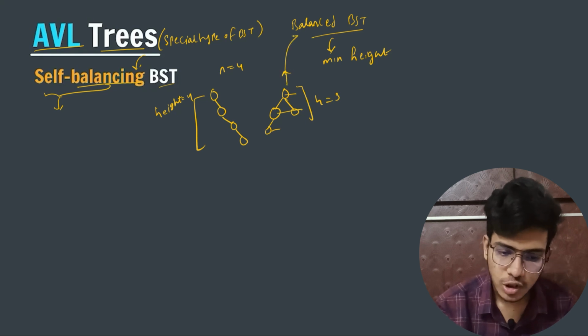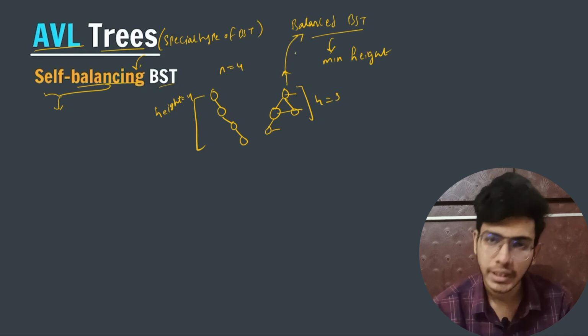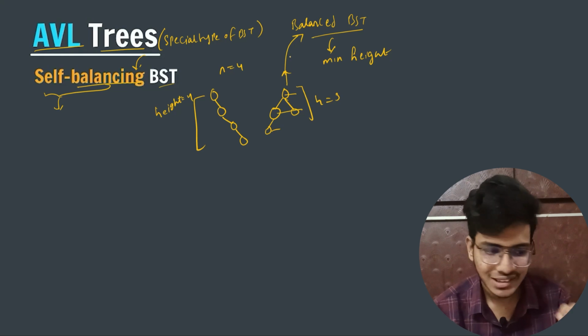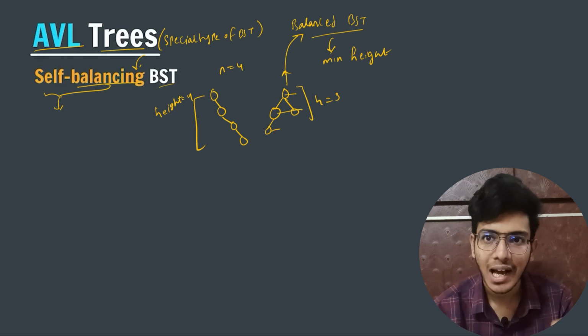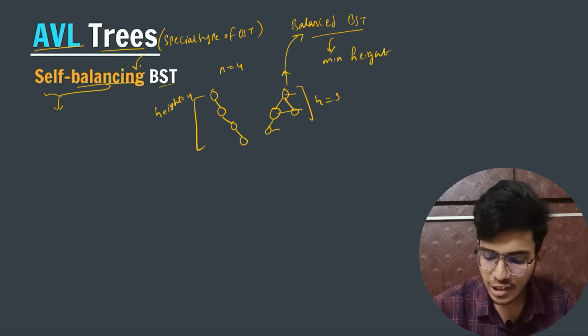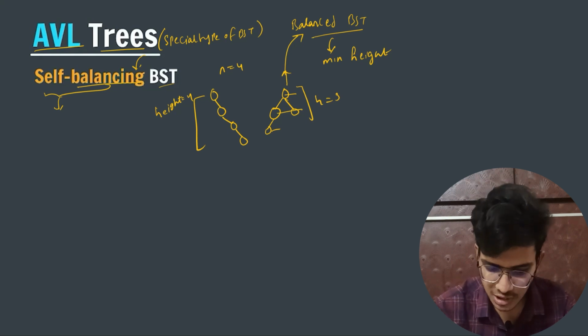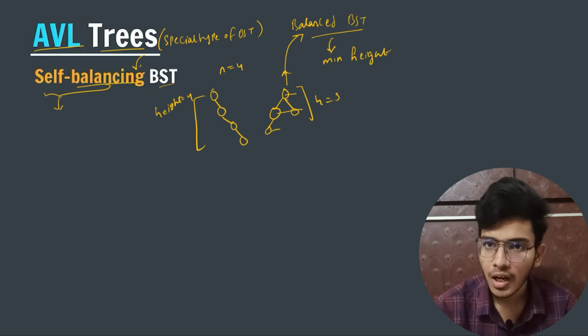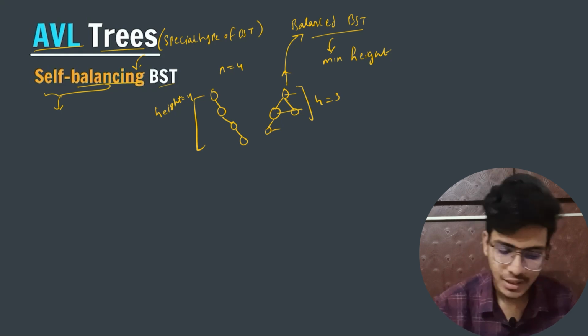So the second structure is my balanced BST, and the first is an unbalanced BST because it has more height. A balanced BST is a BST which has minimum height.